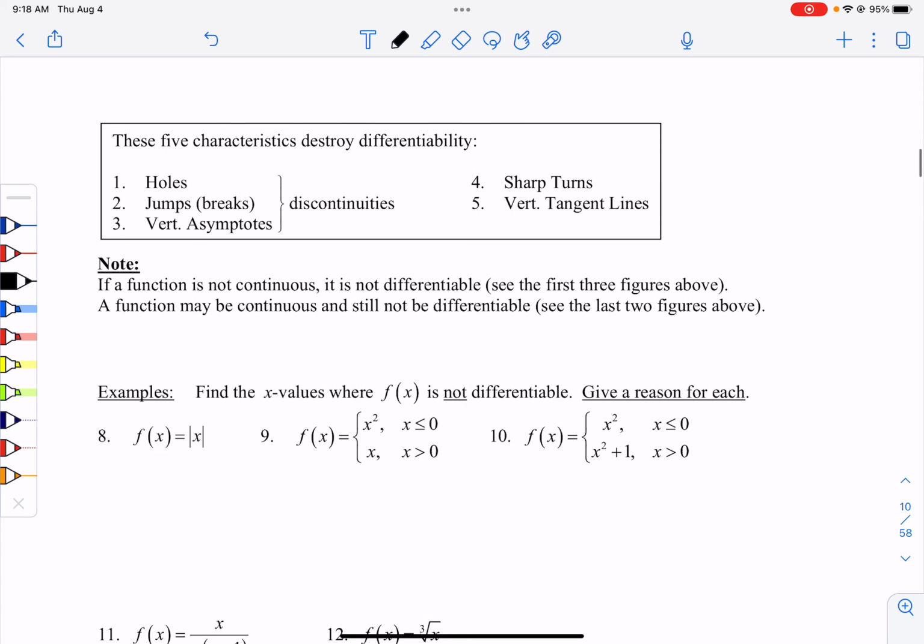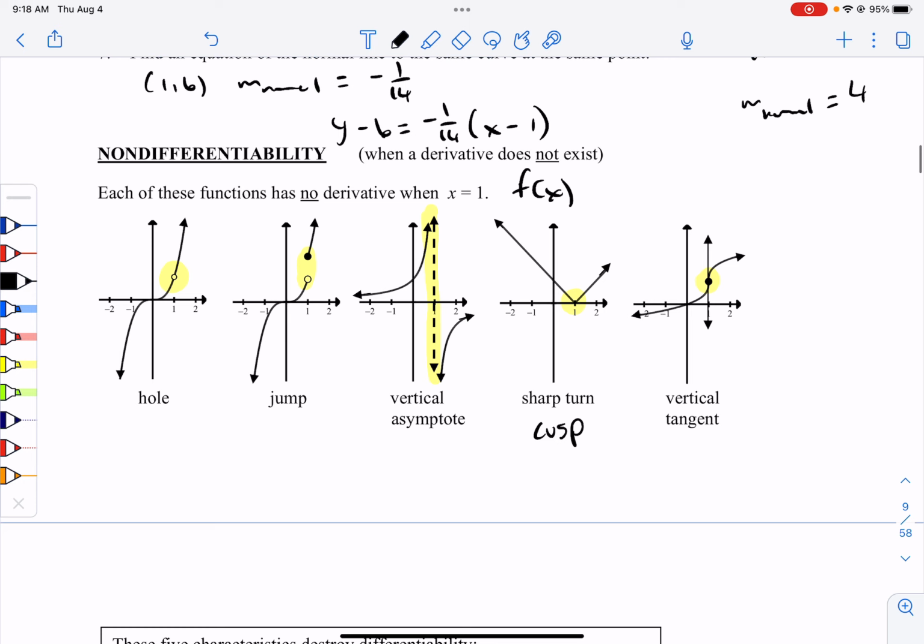Before we do that, an important note right here. If a function is not continuous, it's not differentiable, right? If you look at all of these functions, not continuous, not continuous, not continuous, all three of those are not differentiable.